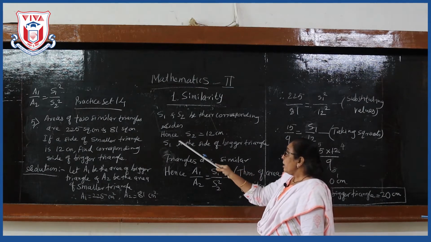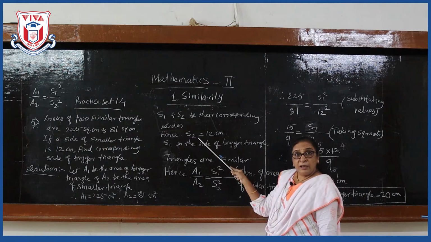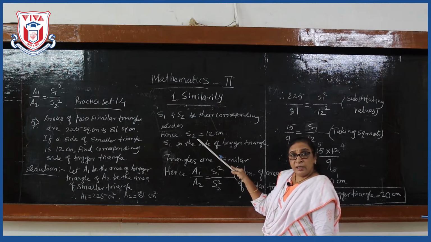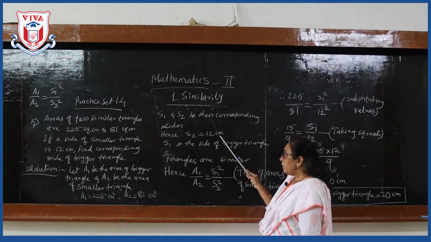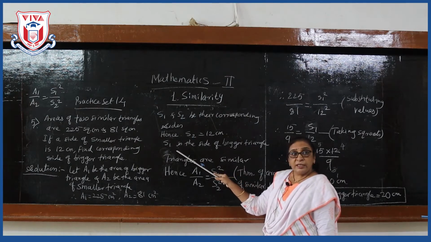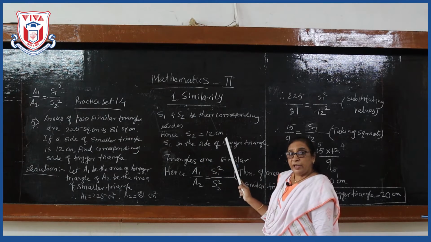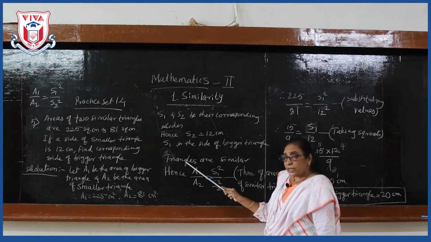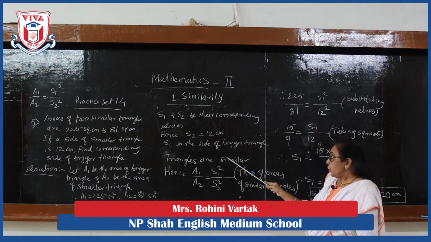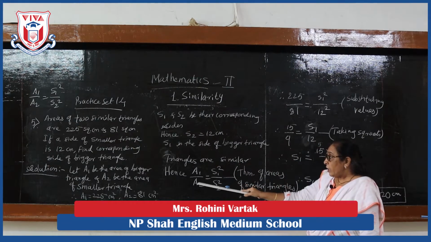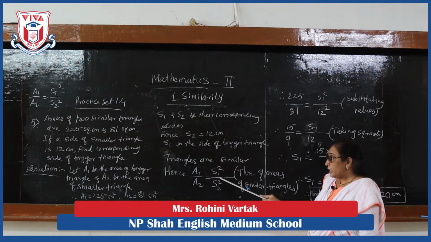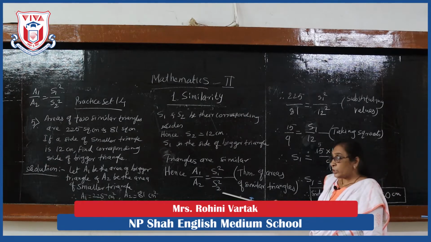Hence, here S2, that is the side of the smaller triangle, is given as 12 centimeter, and S1, that is the side of the bigger triangle, we have to find out. As the triangles are similar to each other, A1 upon A2 is equal to S1 square upon S2 square.